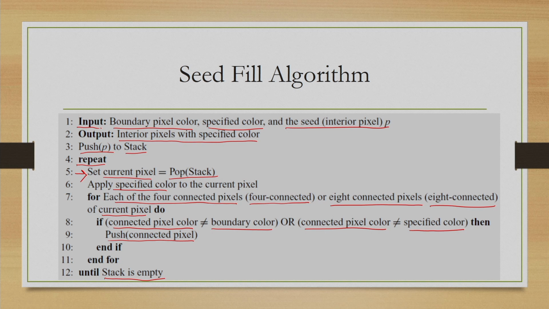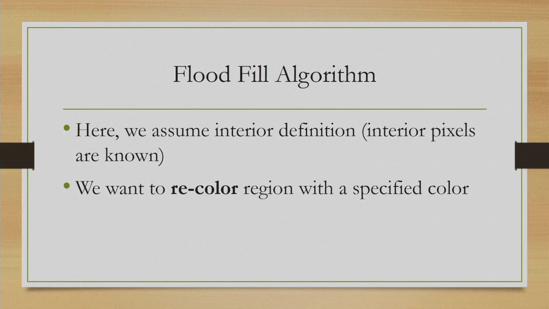Next, we will discuss another approach which is called flat fill. The idea is almost similar with some minor variations. Let us see how it works. Now, in case of flat fill algorithm, we assume a different definition, which is an interior definition. That means the interior pixels are known.